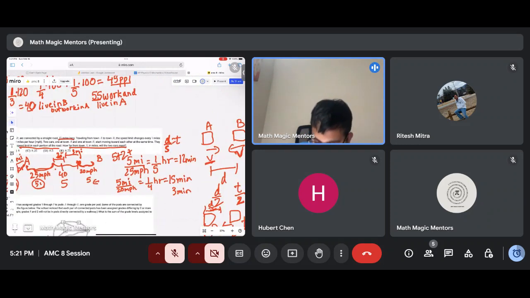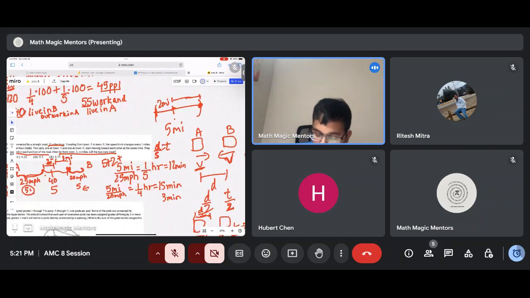So I have a 5 mile section here. B just gets here, and then A has already traveled a distance of 2 miles. So the D that we're talking about, where we can apply the D over two thing, is going to start from these 3 miles that both cars still have to cover, but at the same speed, right?